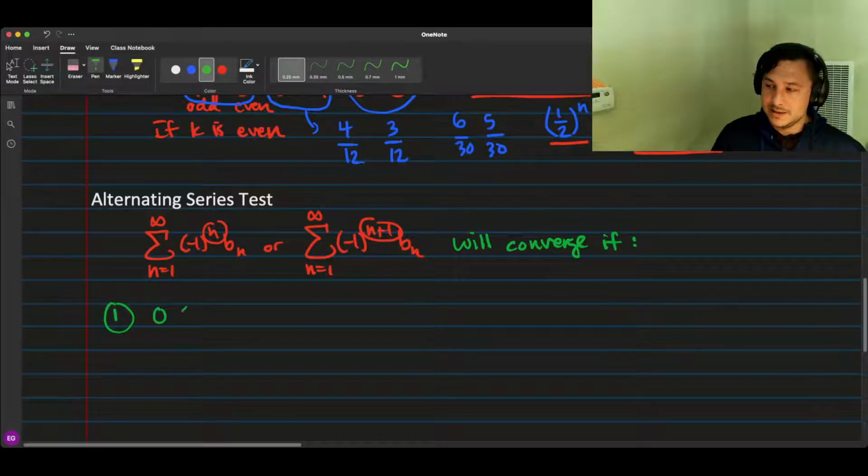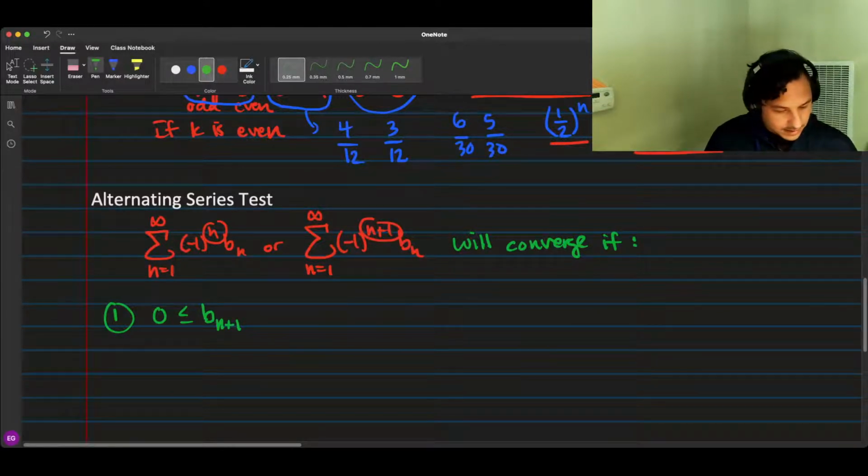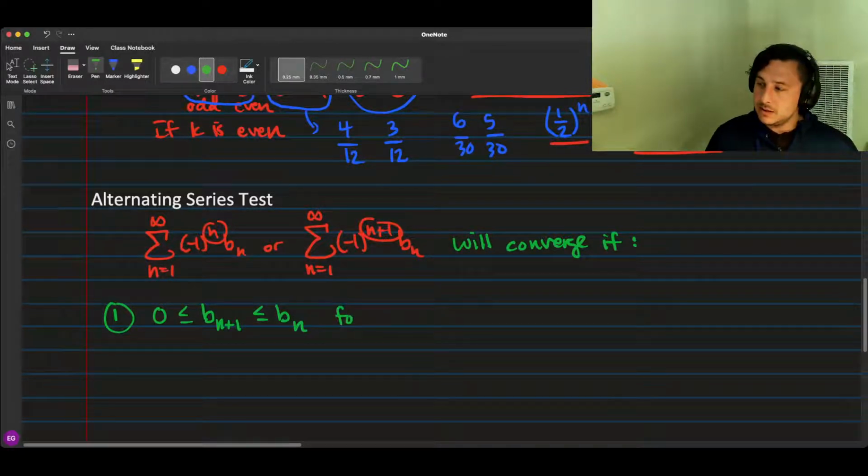Let's say that the term bn plus 1 is positive, and it is smaller than the term that came before it, for all n greater than or equal to 1.